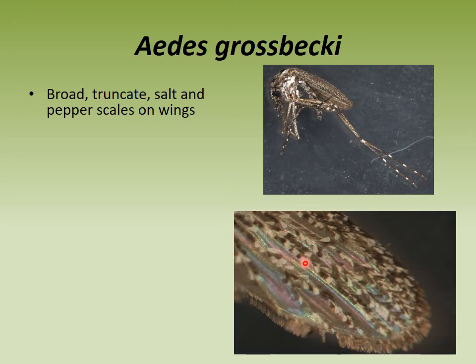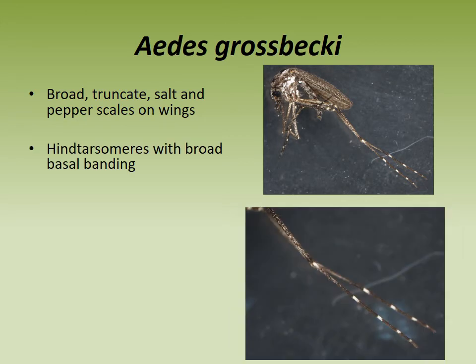They are a broad shape, and they have this truncate look, which starts off thin, gets wider and wider, and then kind of ends. The hind tarsomeres will have broad basal banding. The picture might not look broad, but it is defined as broad banding.